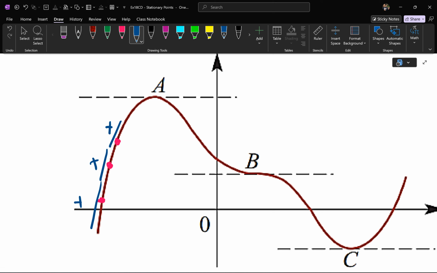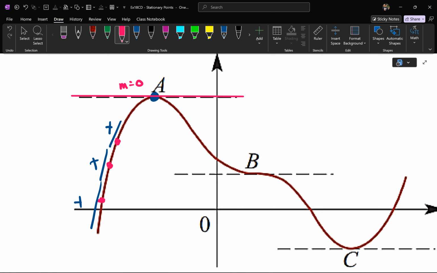Even though it's still positive, by the time you get to the very maximum point, what gradient is this now? 0. If I asked you, what is the gradient of a tangent line skimming the very top? It has to be a nice gradient of 0. So we had positive, positive, positive, 0.